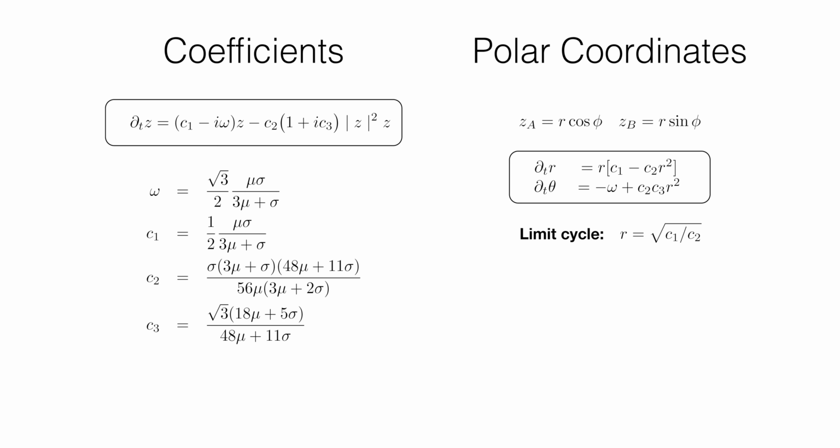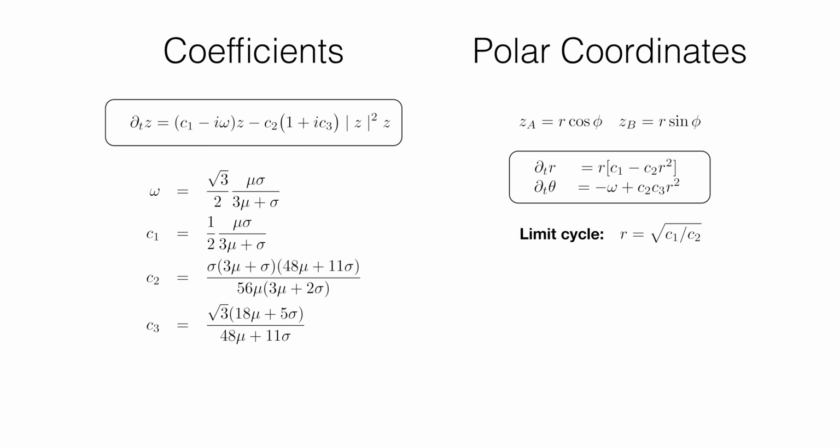As we did for the limit cycle calculations, you can write the complex number Z in terms of the amplitude and the phase phi. And when you do that, then this equation here reduces to a quite simple form.